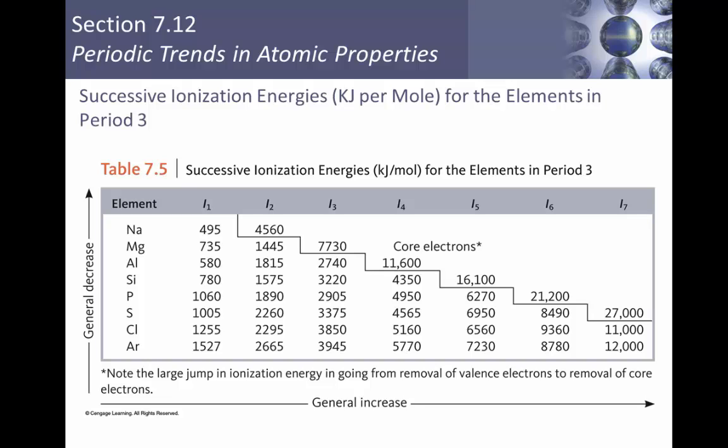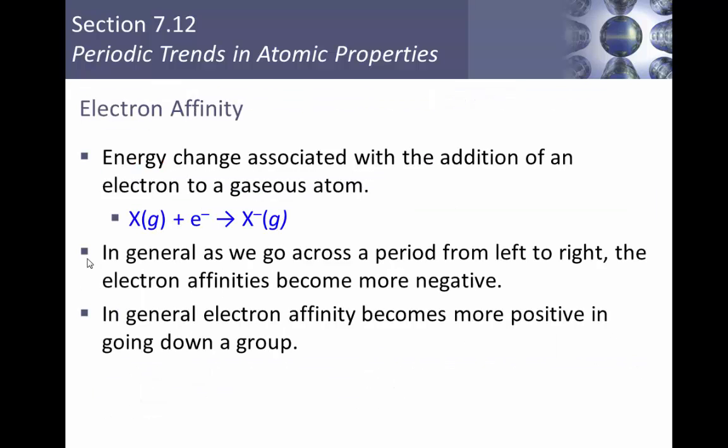And then as you go across the period, it increases. So remember to try and think of this in terms of increasing instead of mixing both increasing and decreasing together. So flip this arrow around.